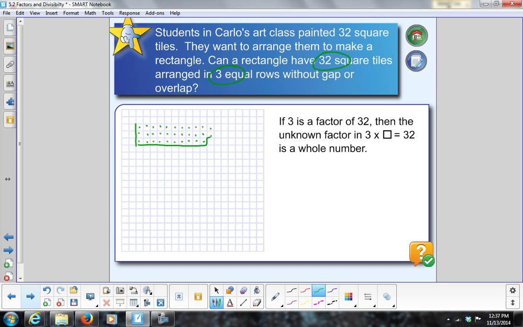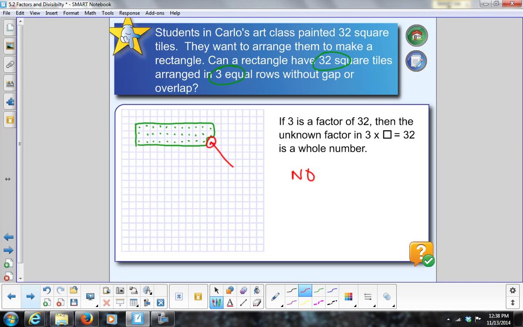Now, does this make an even rectangle? No, because I've got this square right here that I'm missing. So I would have a remainder. Okay, so the answer then would be no, because 3 is not a factor of 32.